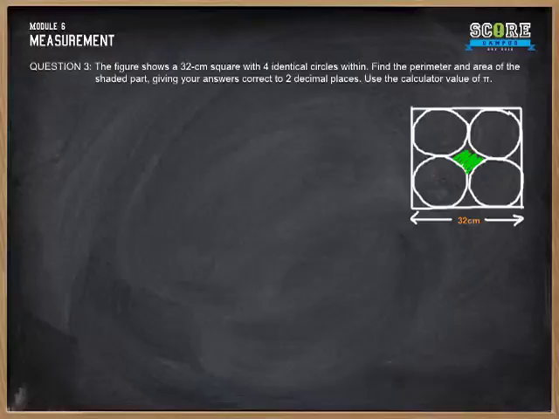Okay, now there are most probably a lot of ways to approach this, but I would suggest this. My recommendation would be to find the diameter and the radius first. So let's look at the diameter of each one of those circles. Can we say this? The diameter of the circle is half the length of each side of the square, right?